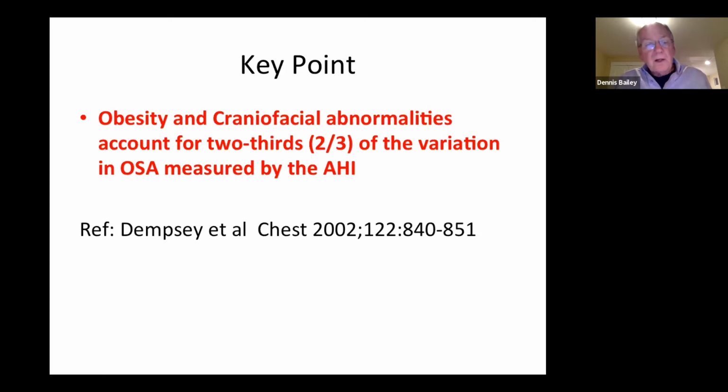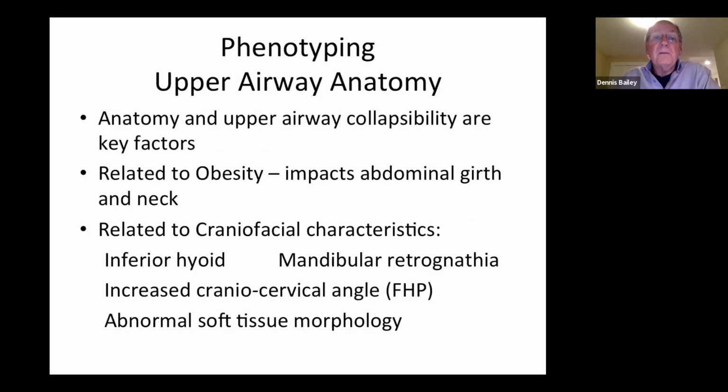I know there's a great deal of controversy about this, and especially now, based upon this endotyping and phenotyping that's taking place, because we may correct an AHI, but the patient may still be very symptomatic, and that could be due to some lack of recognition of either the phenotypes or the endotypes that are coming into play for that patient.